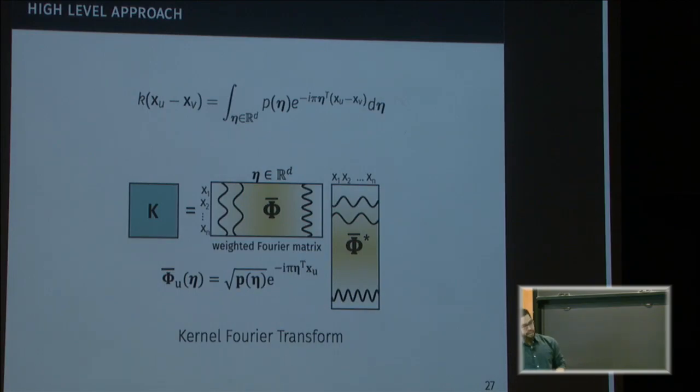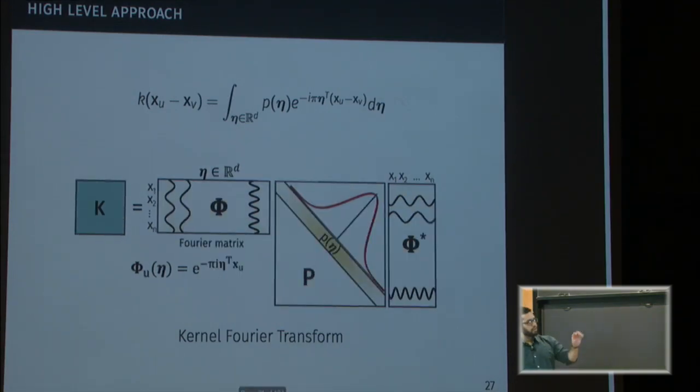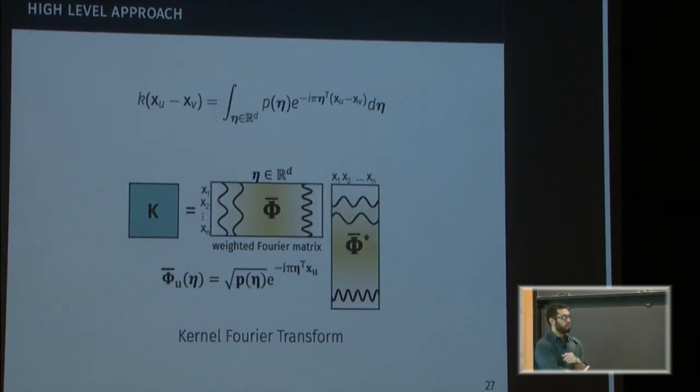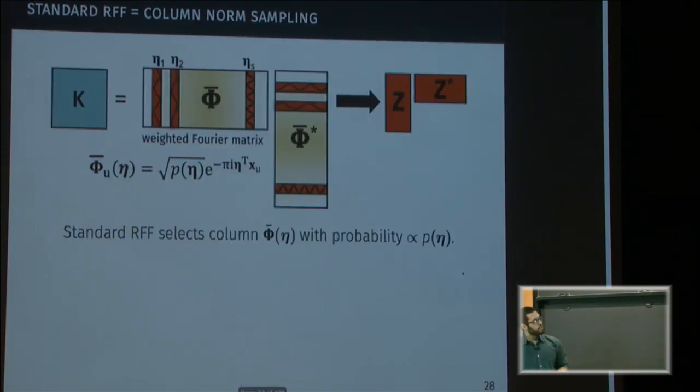First, let's think about taking that diagonal matrix, square rooting it, and putting half on the left and half on the right. This is going to be our reweighted Fourier matrix phi bar. K is a factorization of phi bar times phi bar star. What Rahimi-Recht is doing is sampling columns by P of eta.